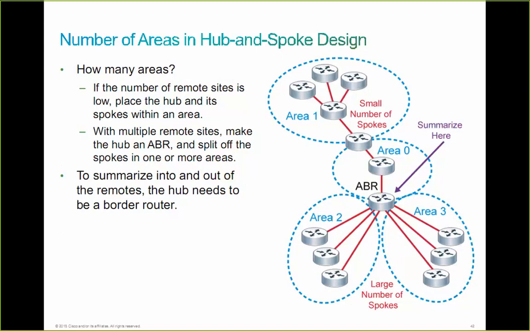Now, the benefit of keeping each spoke in a separate area is that we contain branch routing changes and WAN link flapping from the core, but also from the other branches. The only downside is we're increasing the number of areas on the hub ABR, which then requires more processing capabilities and more power. All right.